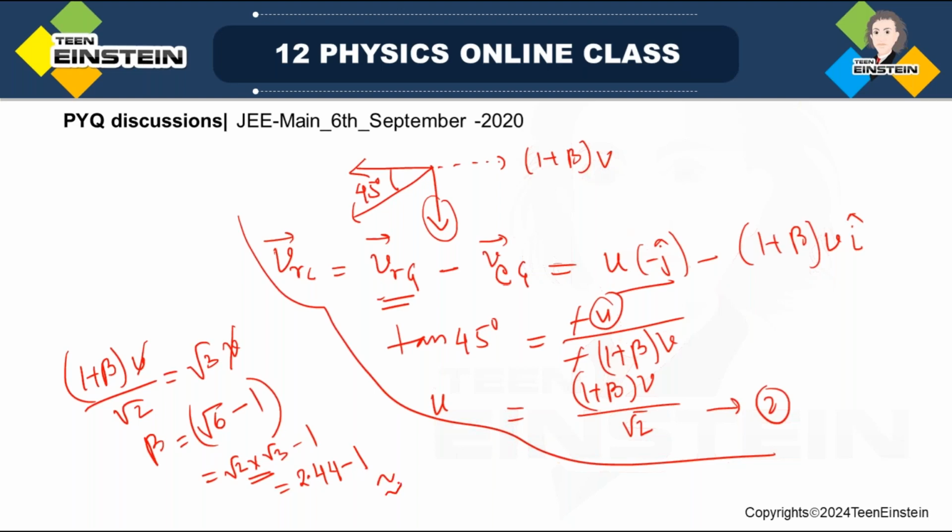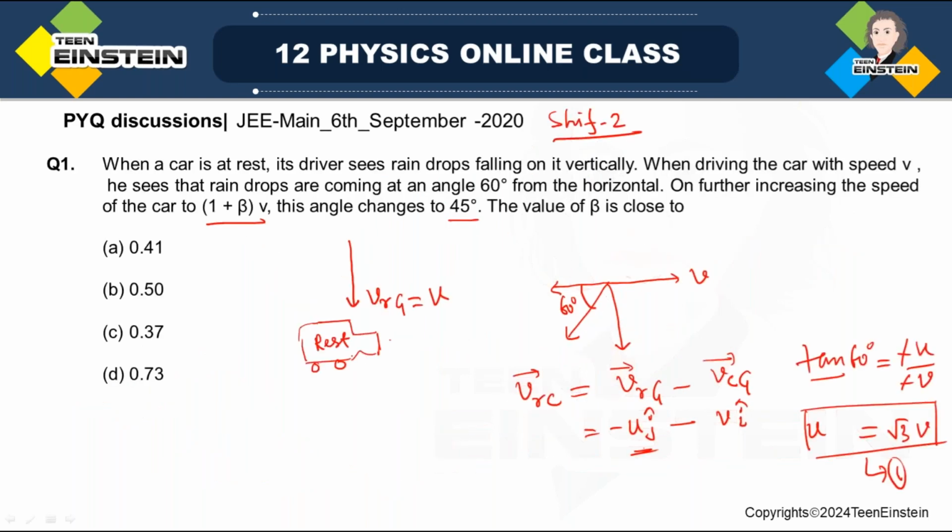So this is coming around 0.4, 0.44 kind of that.